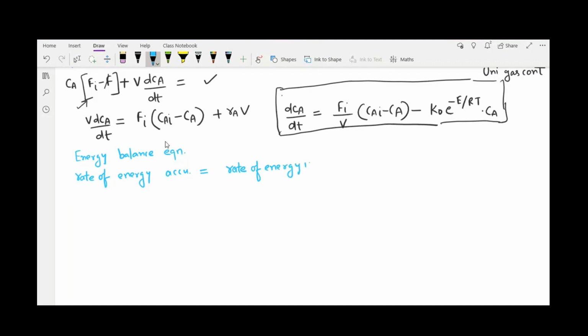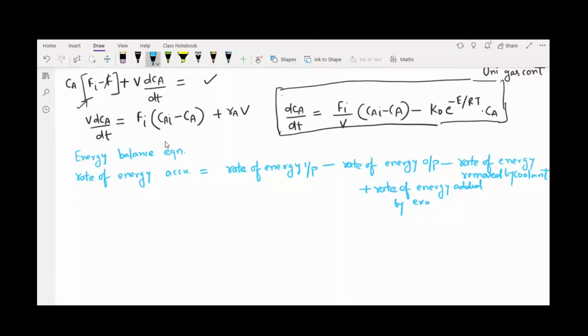Rate of energy input minus rate of energy output, then minus rate of energy removed by coolant, and then plus rate of energy added by exothermic reaction.